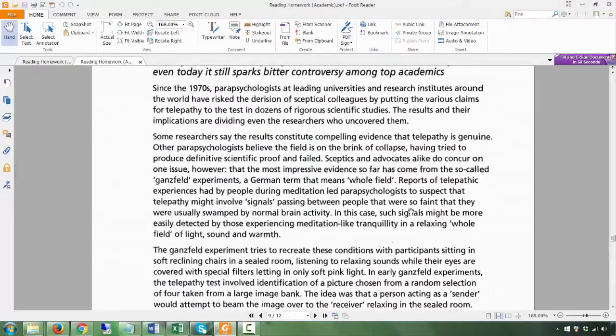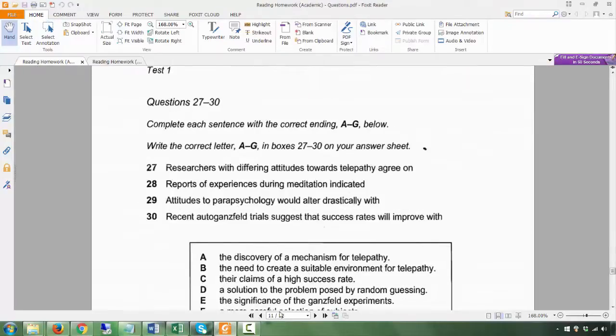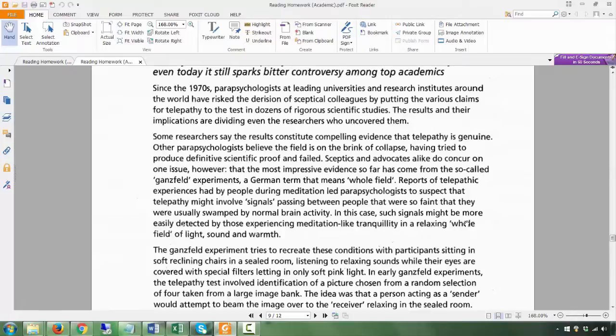Such signals, which they want to measure, might be more easily detected in a suitable environment, a relaxing whole field of light, sound, and warmth.